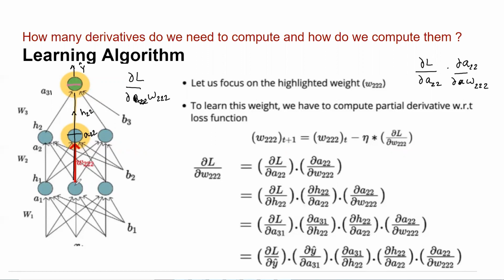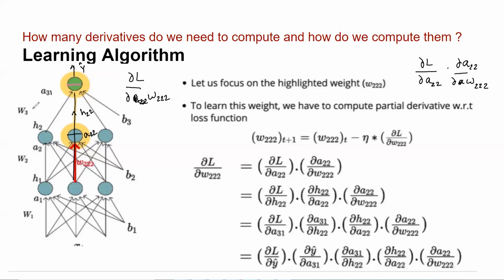So it is going to be dy cap by dA31 into dA31 by dH22. But before that there will be one more iteration. We are computing this loss with respect to y cap, right? So this loss computation will depend upon my y cap also.